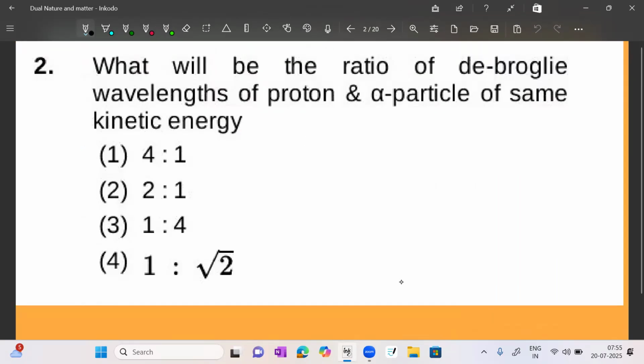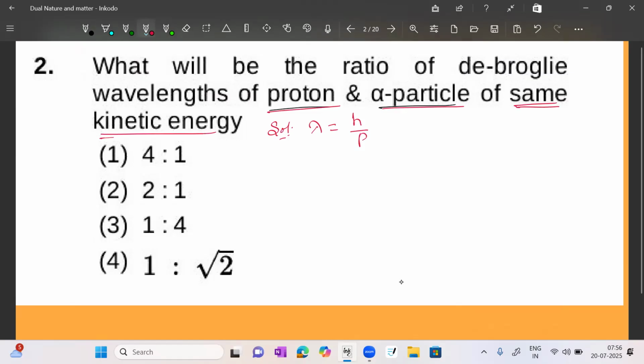What will be the ratio of the de Broglie wavelength of the proton and alpha particle? We have the de Broglie wavelength formula lambda equals h by p, and the condition given is the same kinetic energy.